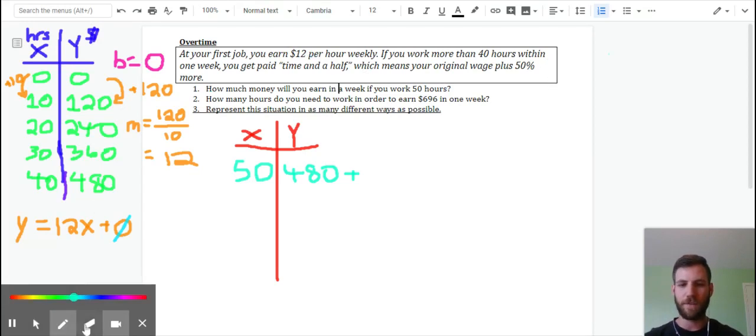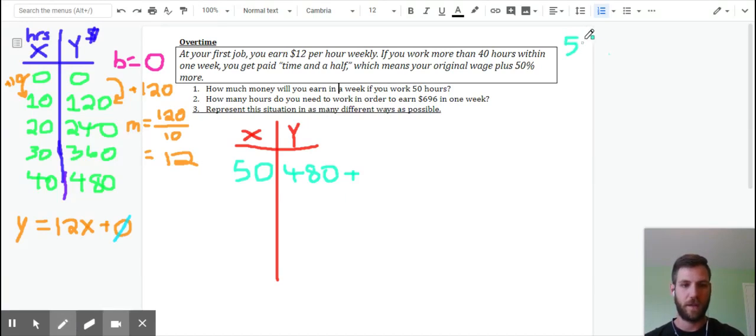When I'm trying to figure out what's going on with those next 10 hours, I need to first figure out what 50% of 12 is. And I can do that up here in the corner. So 50% of 12 is equal to 6.